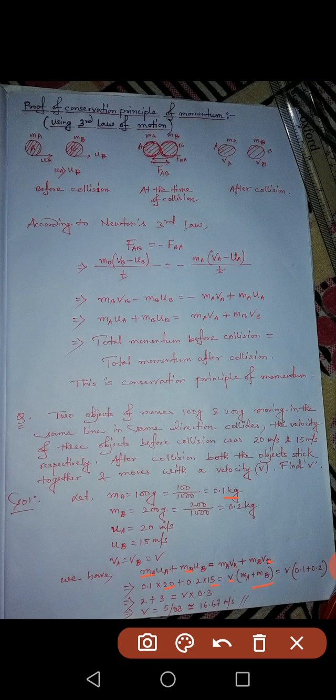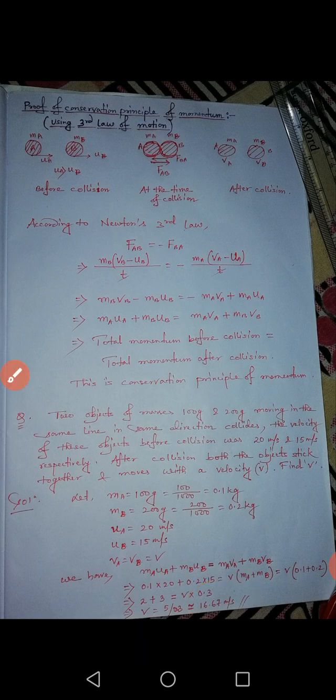What remains is mA plus mB. Substituting the values of mA and mB, 0.1 and 0.2, it becomes 0.3, and v remains as it is. On the right hand side we get 2 plus 3 is 5, so finally v is equal to 5 by 0.3, which is nearly 16.67 meter per second. This is the velocity with which both the objects are moving after collision.